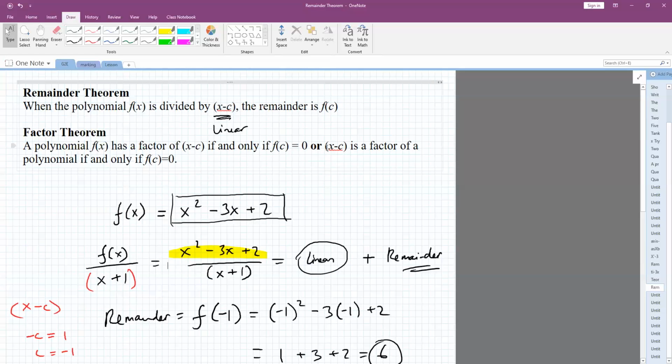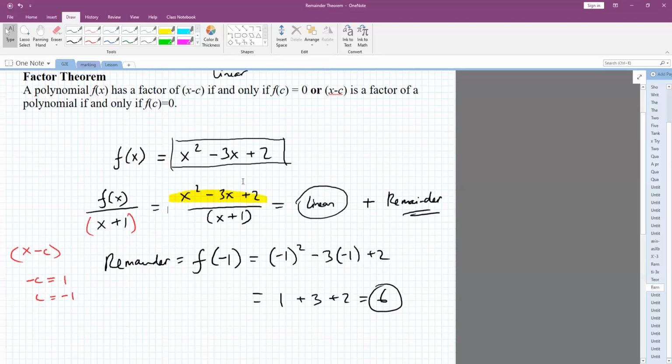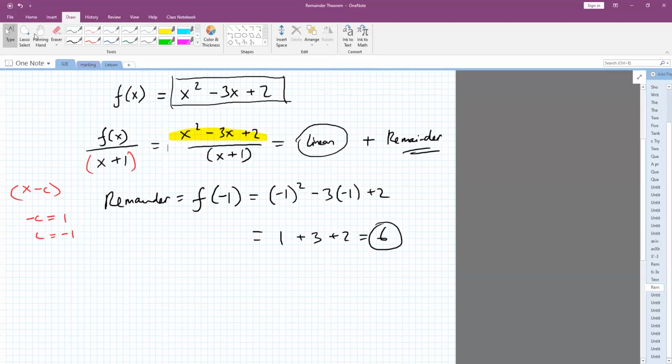Or in other words, when x minus c is a factor of the polynomial, that happens when the remainder f(c) is 0.